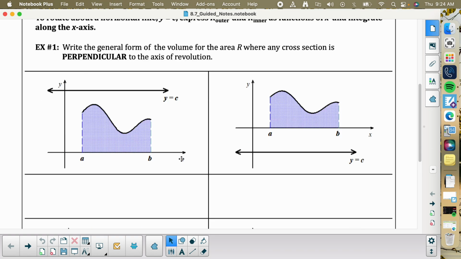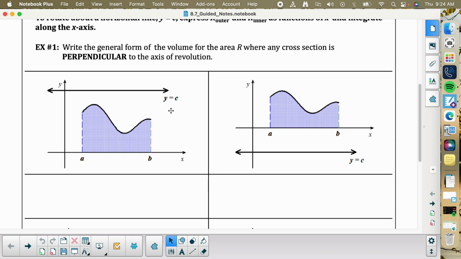The axis of revolution you have doesn't matter if it's horizontal or vertical. The only difference that will make is which way you measure it, whether you're measuring y's or x's. The main difference from the last section is that we only used the x or y axis as the axis of revolution.